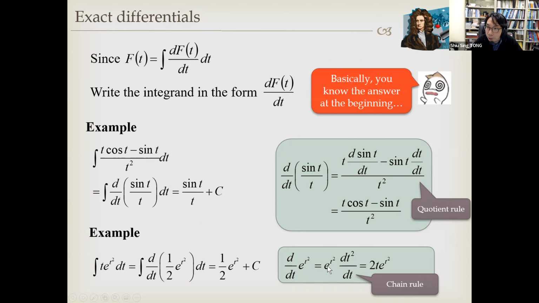The exponential function goes back to itself, but then I differentiate the exponent with respect to t, and that gives me 2t, right? So that means t multiplied by e to the t squared is 1/2 of the derivative of e to the t squared, and so I've got this expression. So integrating it will cancel the differentiation, and I go back to this function.